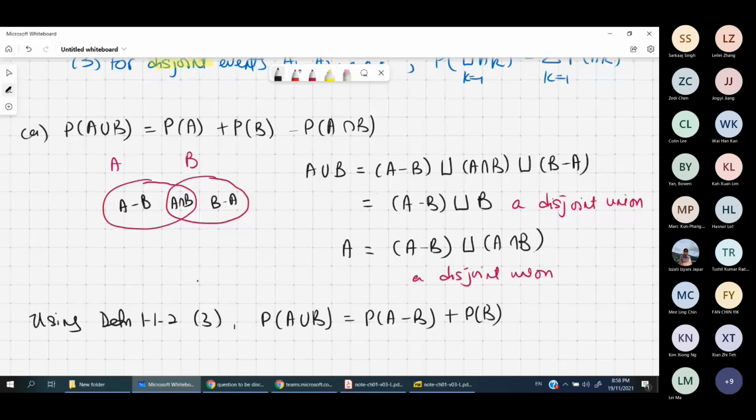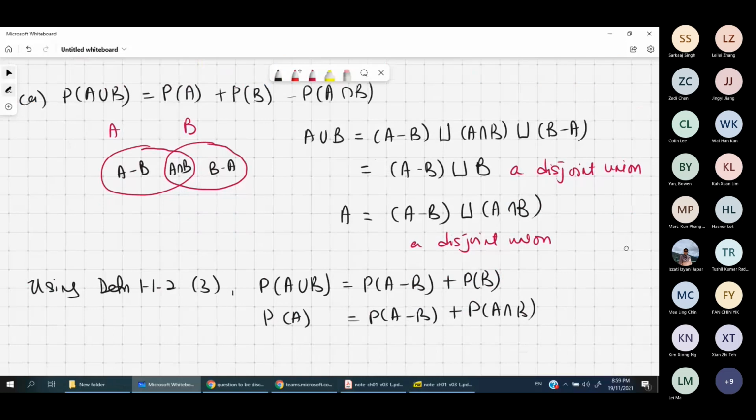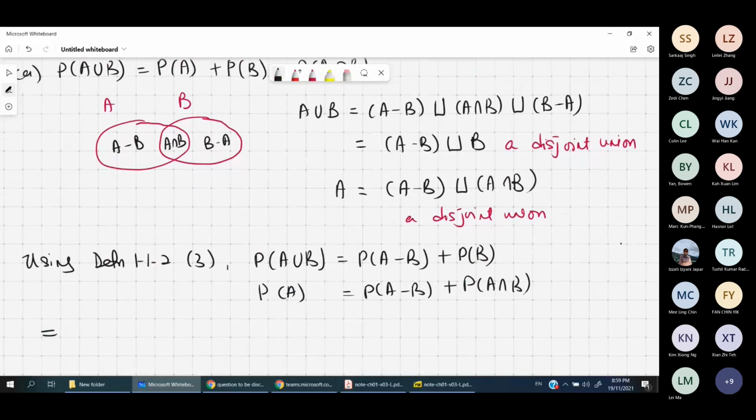Likewise, P(A) is P(A minus B) plus P(A and B). Take the first equation, subtract the second equation, and you get P(A or B) minus P(A) is equal to P(B) minus P(A and B). You bring it over, and you will get our equation.